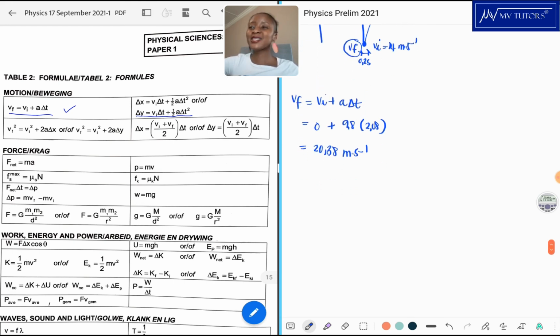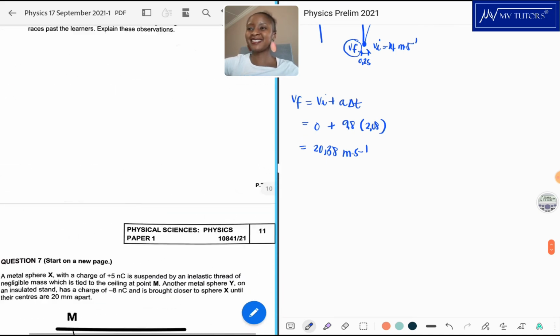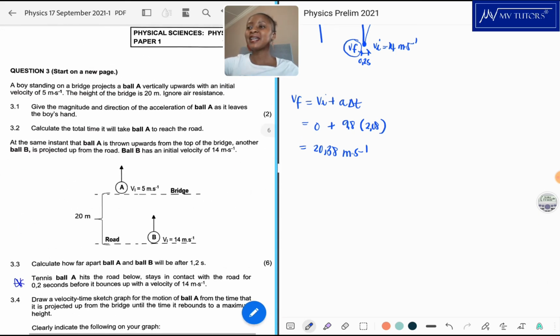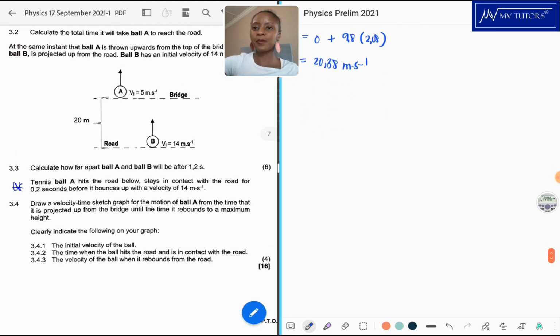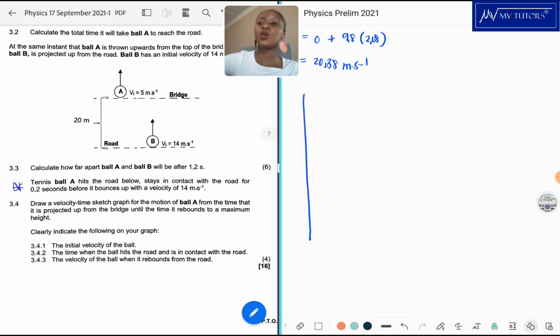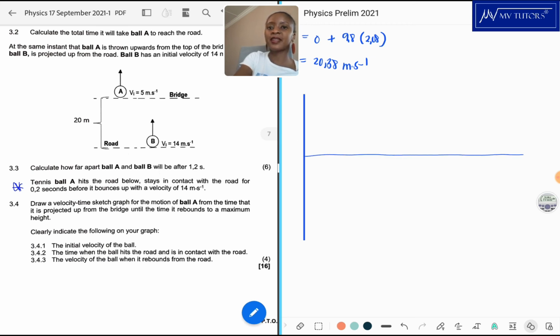Okay, so finally we can then draw. Let's go back to question 3. Yes, we can then draw the graph. Okay, so we have our y-axis here, which would be the velocity. And we have our, let's put it somewhere there, x-axis, which would be our time.